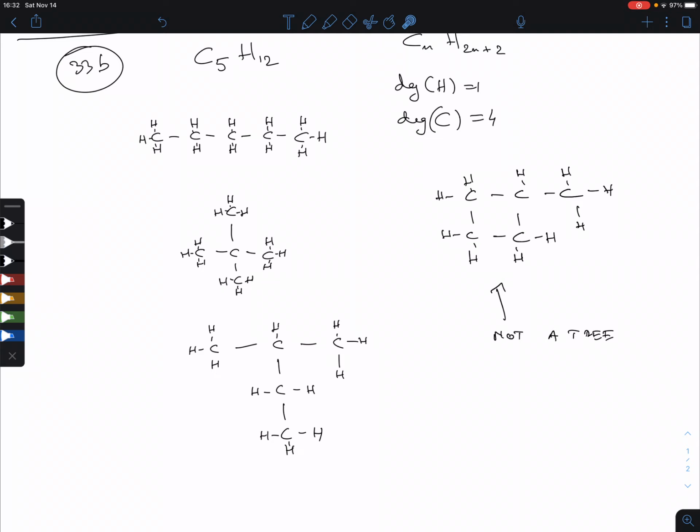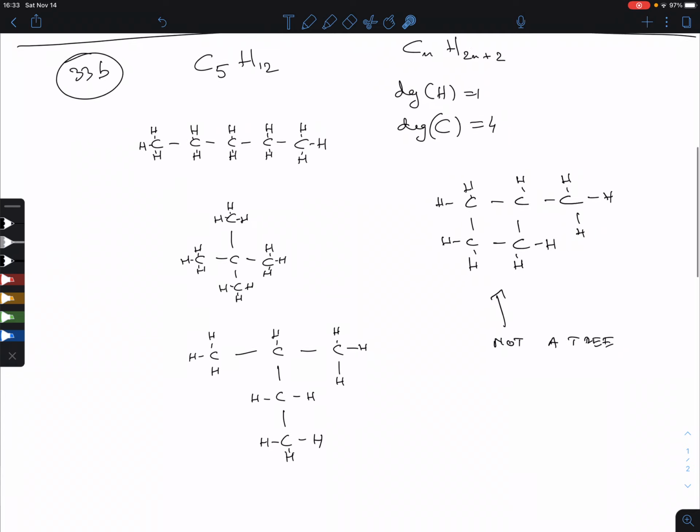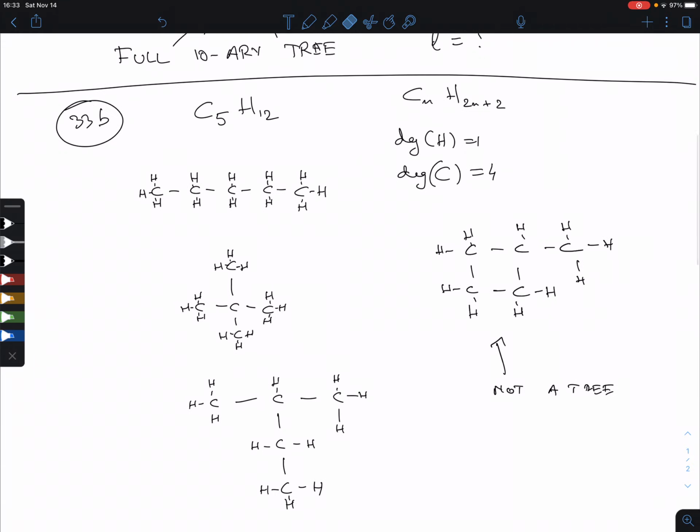How do we know that if you look at one of these possible hydrocarbons, that if you have n carbon, that necessarily you have to have 2n plus 2 hydrogen? I want to address that issue. So what is the information that we have?